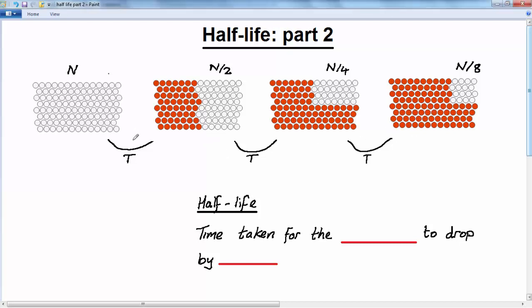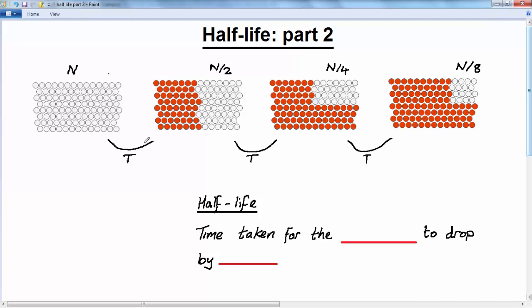Now then, what we mentioned at the end of the lesson was that it's really quite impractical to measure the number of decayed isotopes present in a sample. What is much more practical is to measure the rate at which the isotopes are decaying, or what we call the count rate. And the key point that we should see here is this.